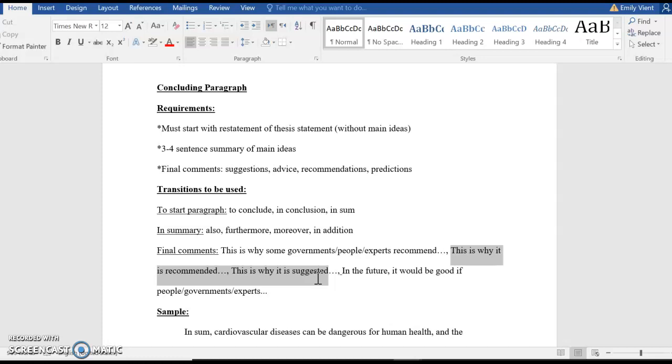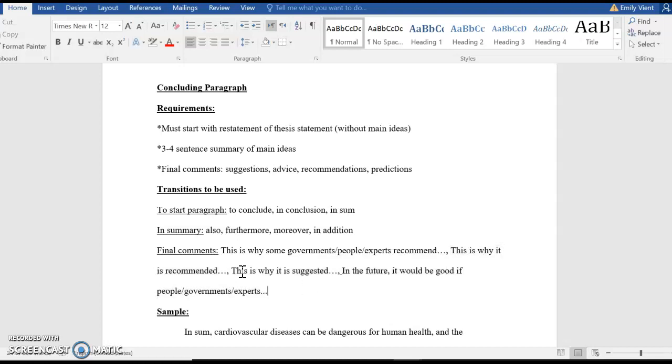This is why it is recommended. This is why it is suggested. Or it is suggested that. Or in the future, it would be good if. So those are various phrases you could use for your final comments. In the future, it'd be good if people, governments, experts did this.